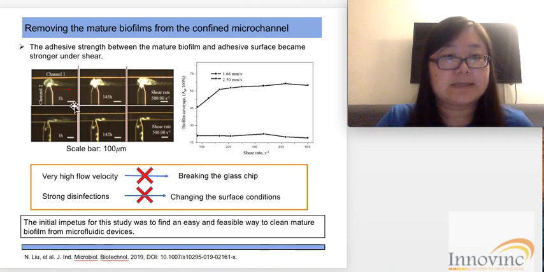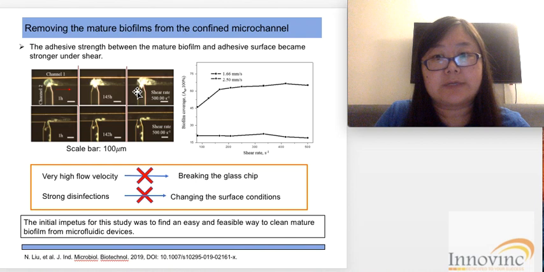So here is our experiment from the initial attachment. After 6 days, the biofilm grew to a larger size, and then we increased the injection rate step by step until around 6 times the initial injection rate.